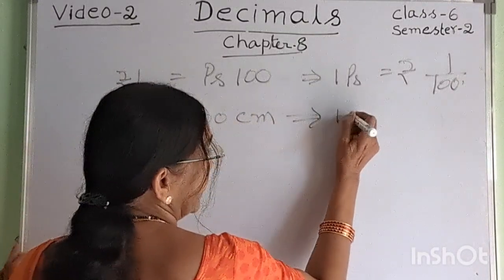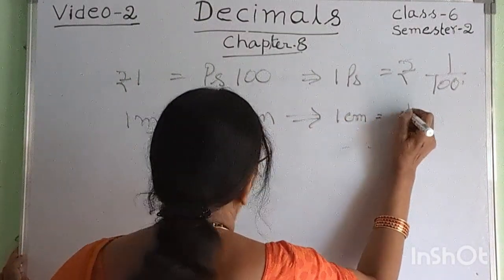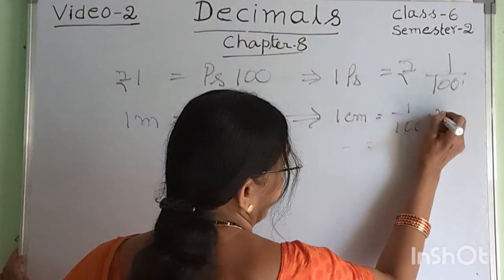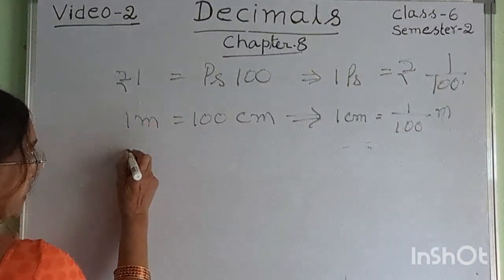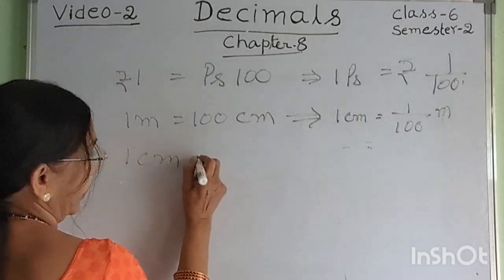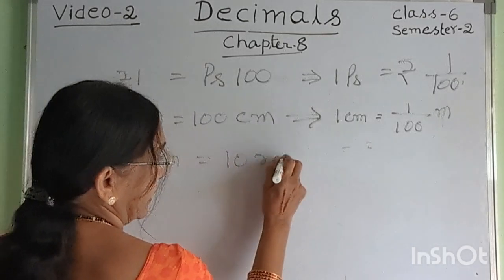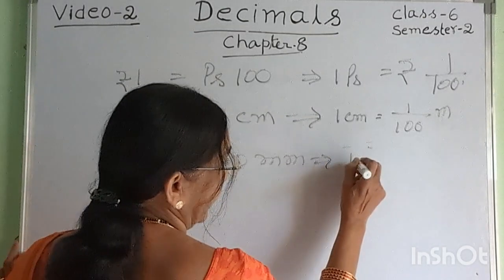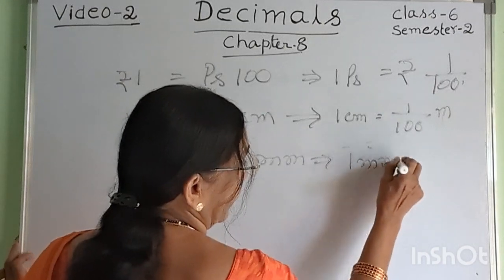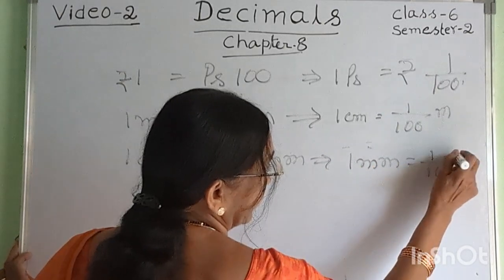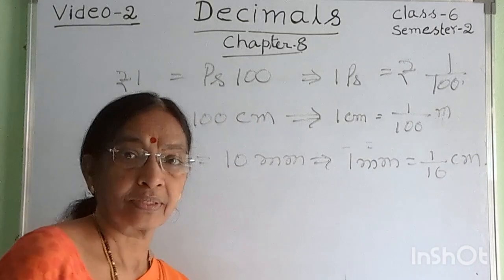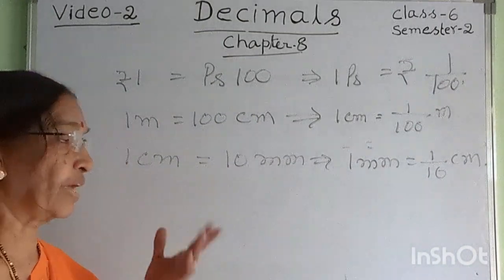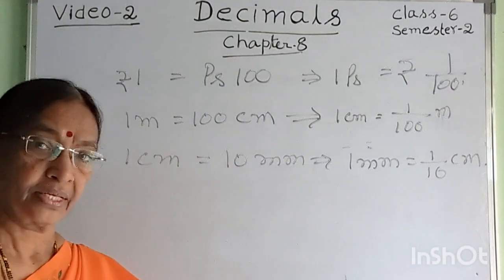Therefore, 1 centimeter is equal to 1 by 100 meter. Next, 1 centimeter is equal to 10 millimeters. Therefore, 1 millimeter is equal to 1 by 10 centimeter. So, learn these conversions well and watch the next video.